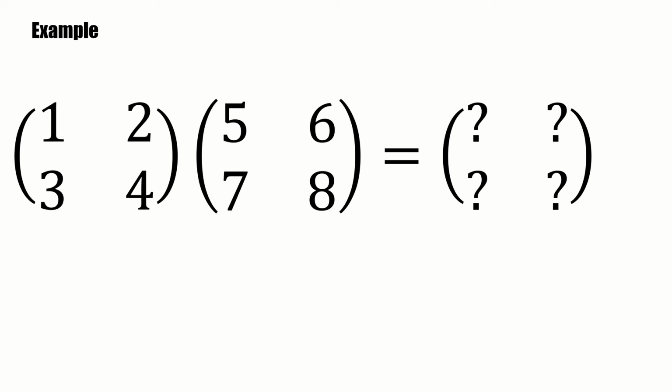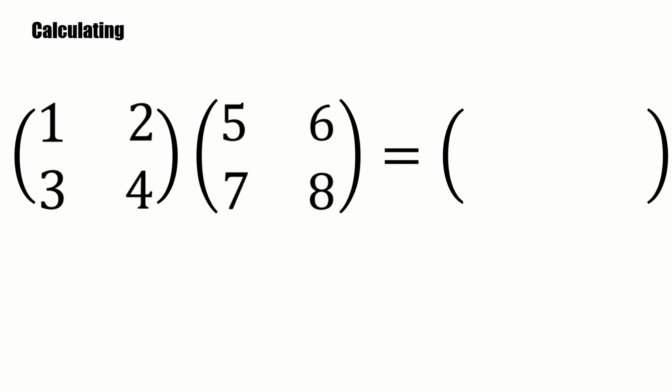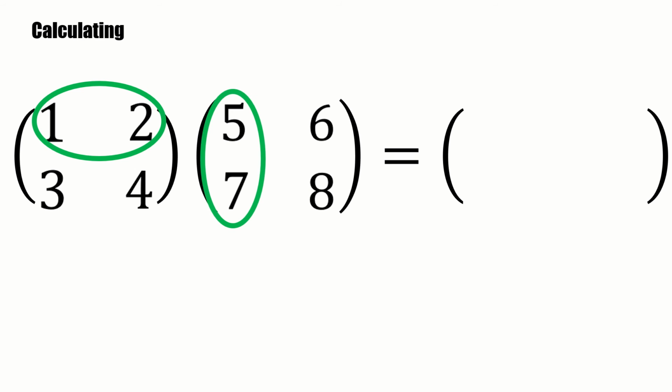But what calculations do you actually have to do with those rows and columns? Let's do that calculation now. We're going to have to try all the combinations. So first, let's choose the first row in the first matrix and the first column in the second matrix.